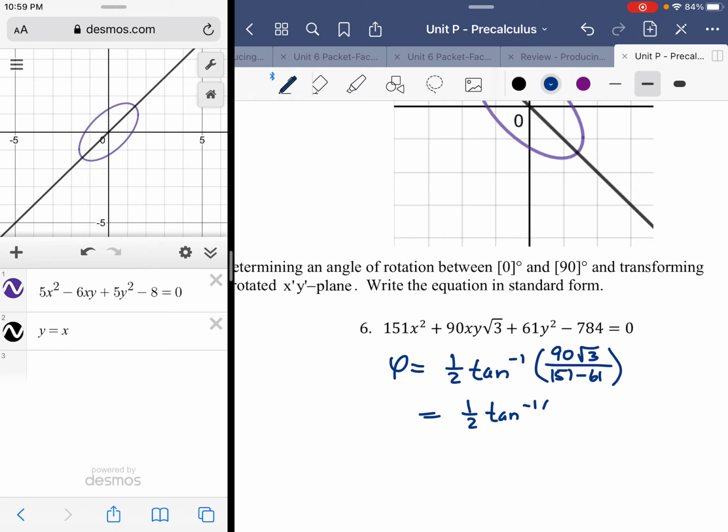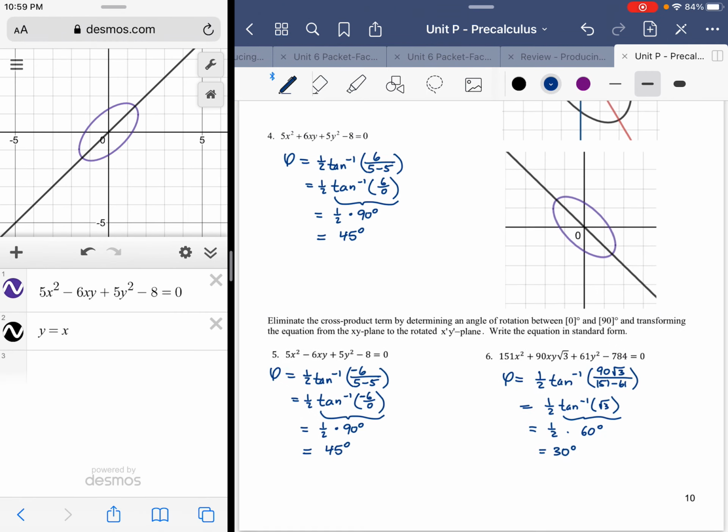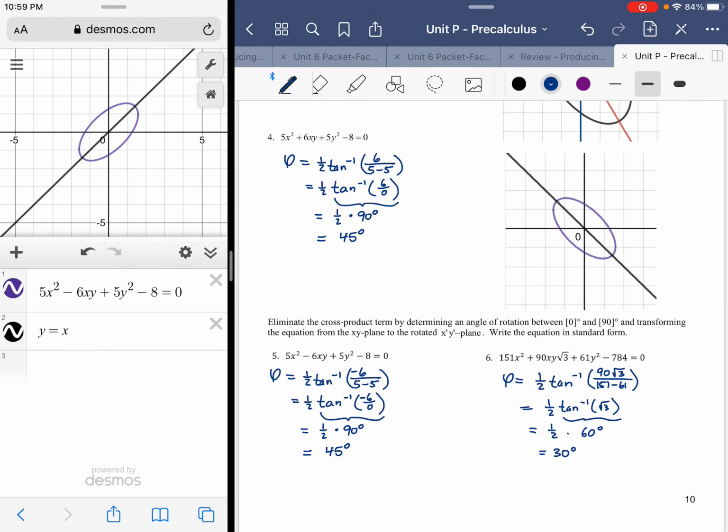That's 90 over 90, so another radical 3. So we're looking at a 30-degree rotation.